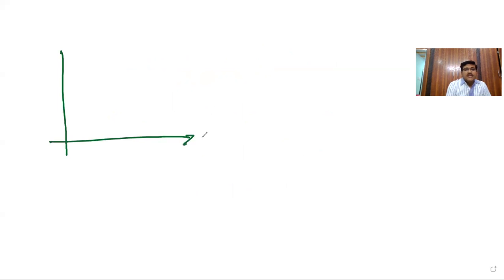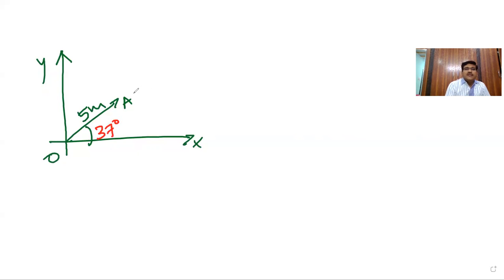Now let us have the y components also. This is the x-axis, this is the y-axis. The first vector was OA. OA is how much? That is 5 meters. It has how much angle? 37 degrees with the x-axis.